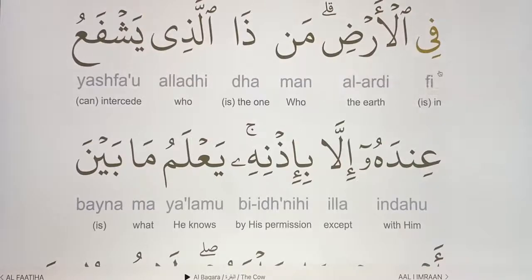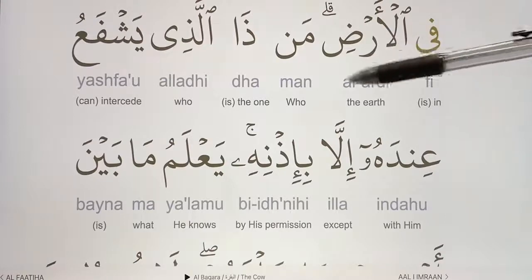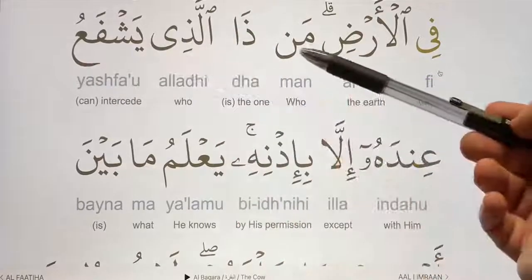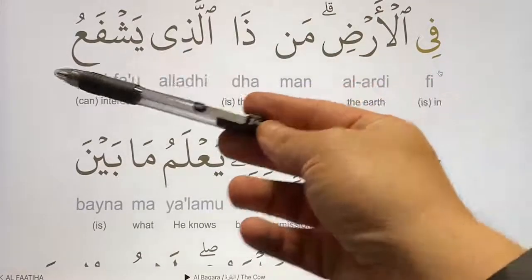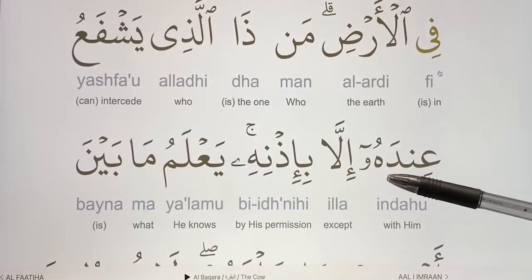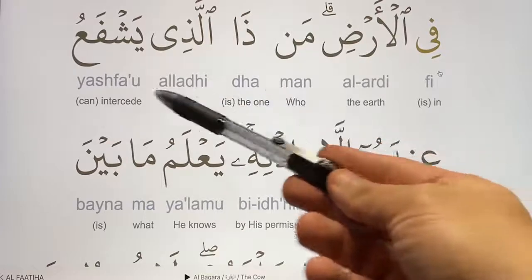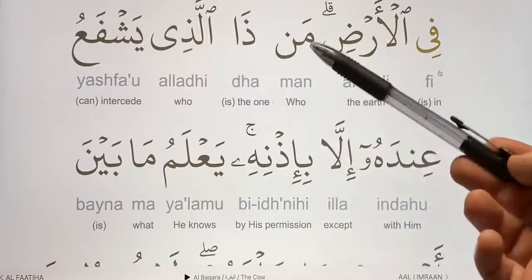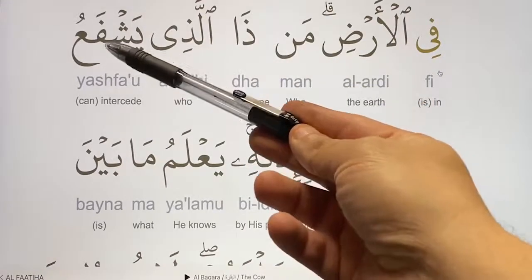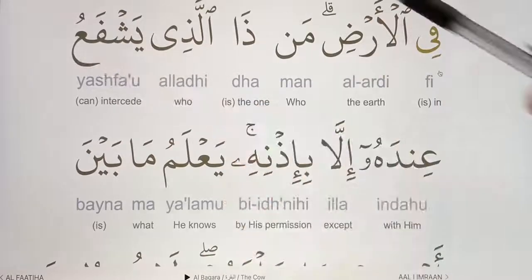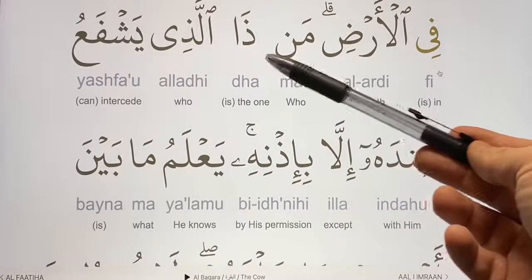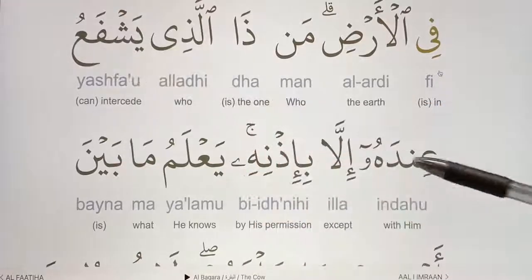Again, من ذا الذي يشفع عنده. Okay, so breaking this down, you have all the English right there, in case you need that help. من ذا mixing with الذي, من ذا الذي يشفع عنده.